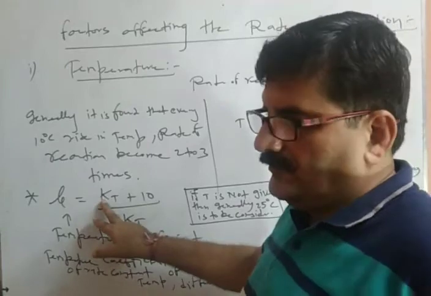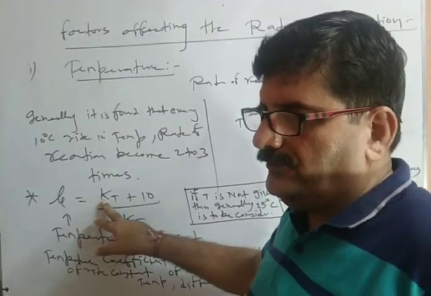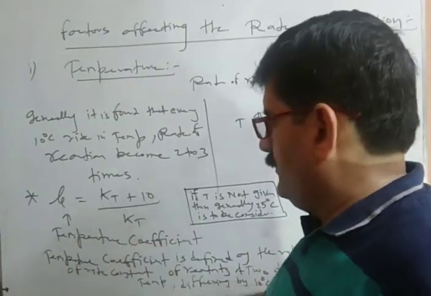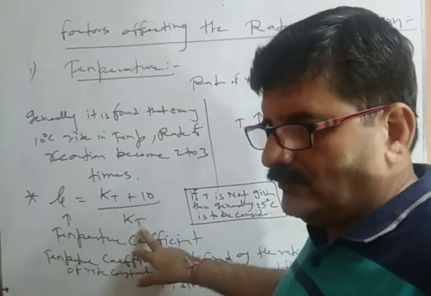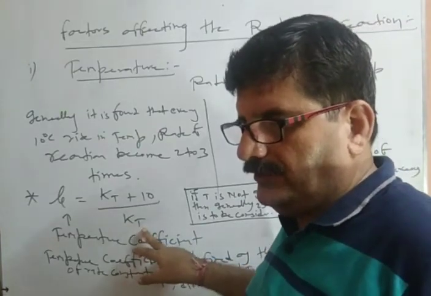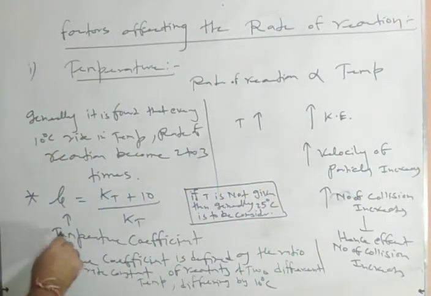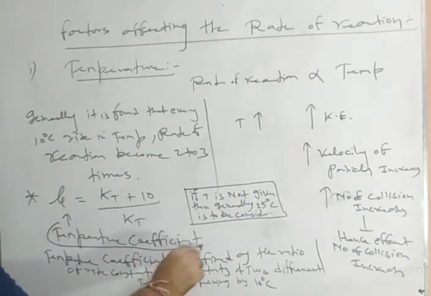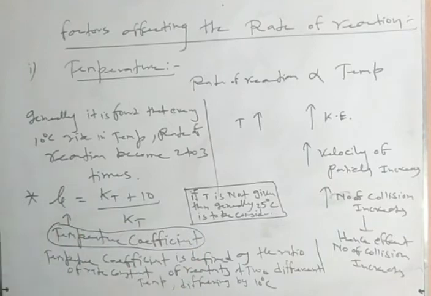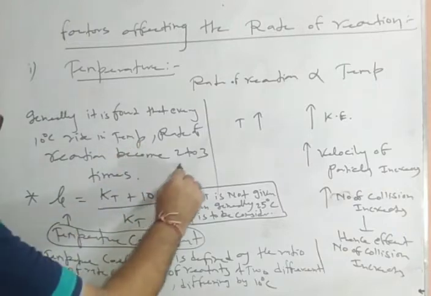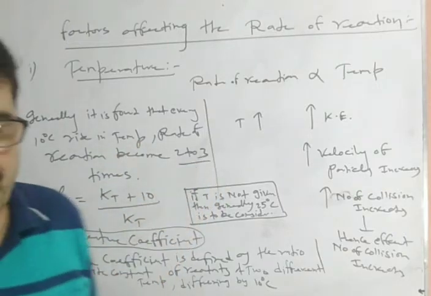So the rate constant at absolute temperature plus 10 divided by that at normal temperature T, this ratio is said to be temperature coefficient. And generally with a 10 degrees centigrade rise in temperature, our rate of reaction becomes 2 to 3 times.